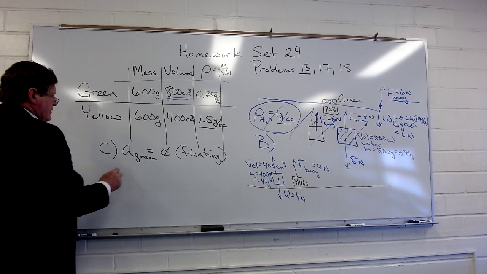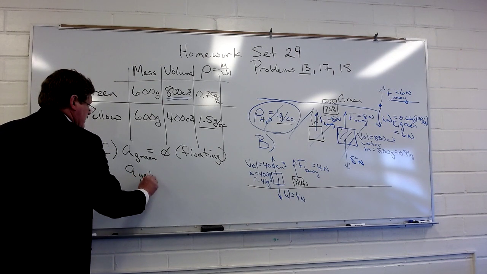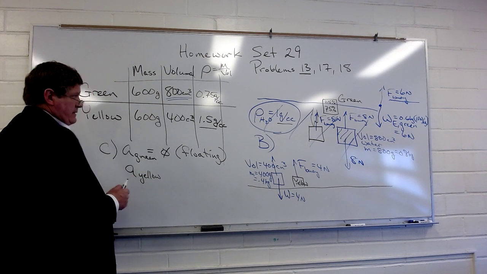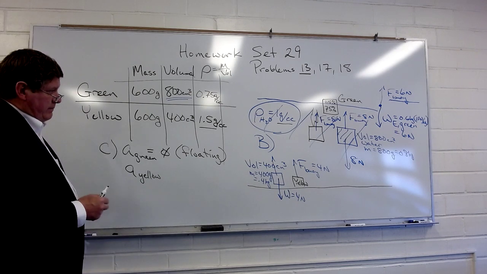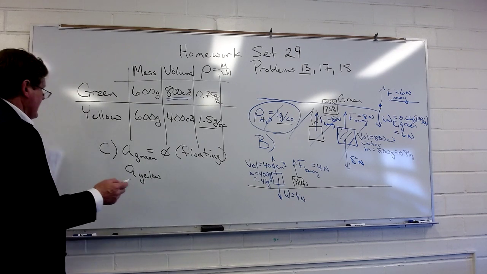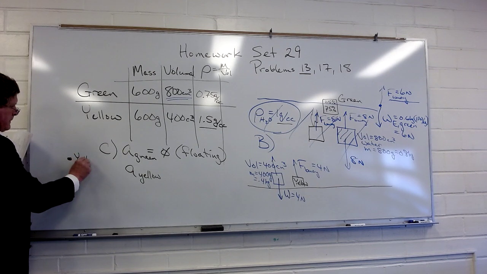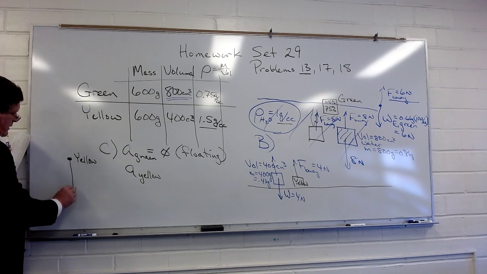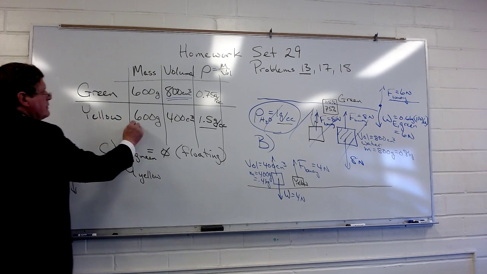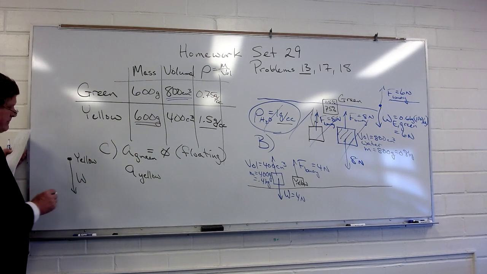But for the acceleration of the yellow object, I'm going to have to use Newton's second law. And before I do that, I'm going to draw a free body diagram for that yellow object. I got a weight force here that's equal to the mass times g.